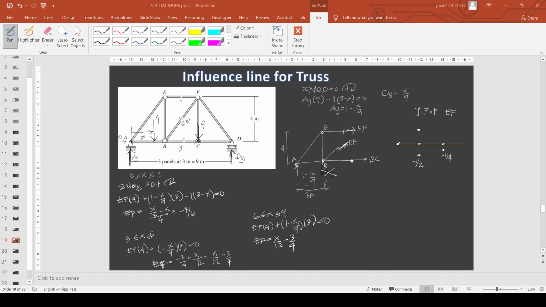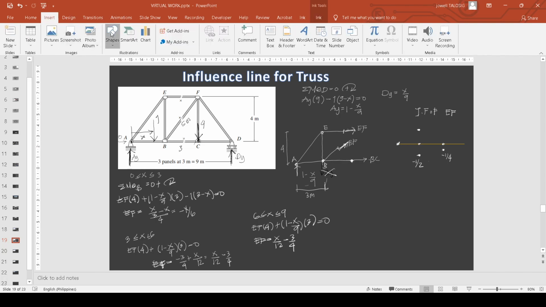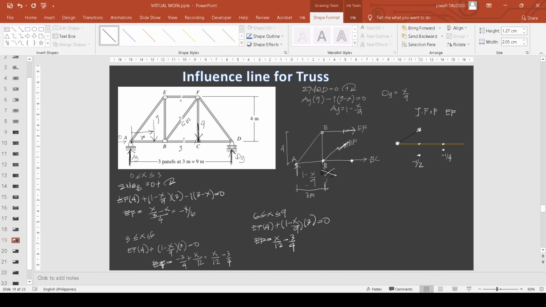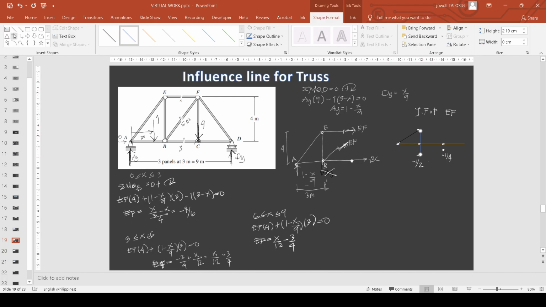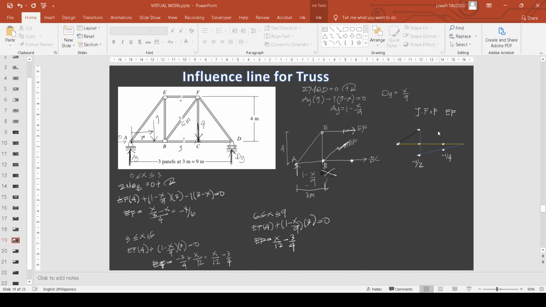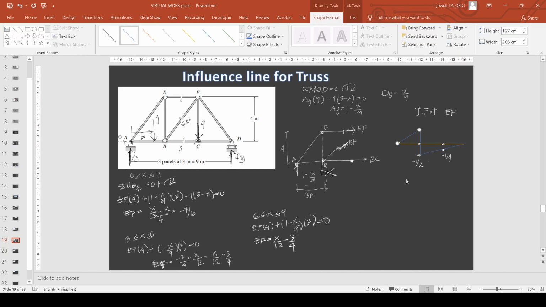So, magiging itsura nito, let's draw a line. Yun. Okay? So, ito yung magiging influence line natin.